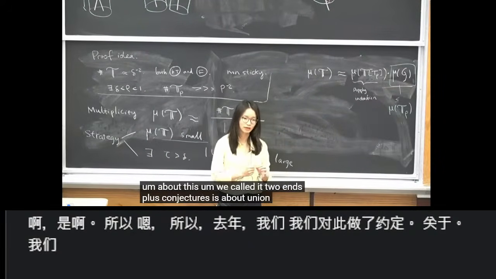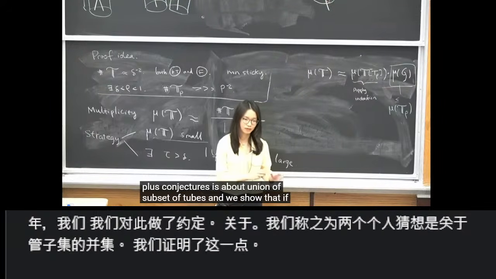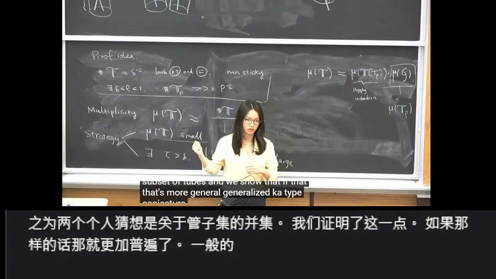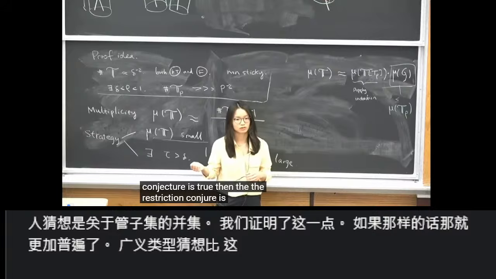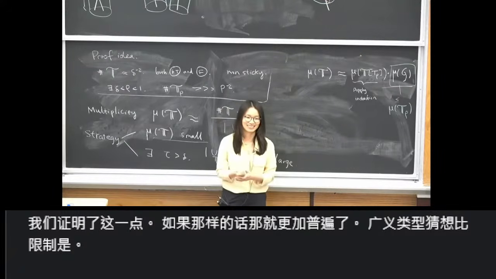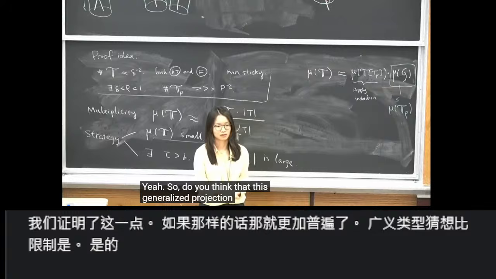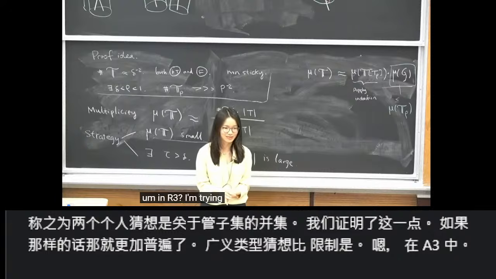It's about unions of subsets of tubes, and we show that if that more generalized Kakeya-type conjecture is true, then the restriction conjecture is true. Do you think this generalized conjecture is true? In R3, I'm trying to see if it's true.